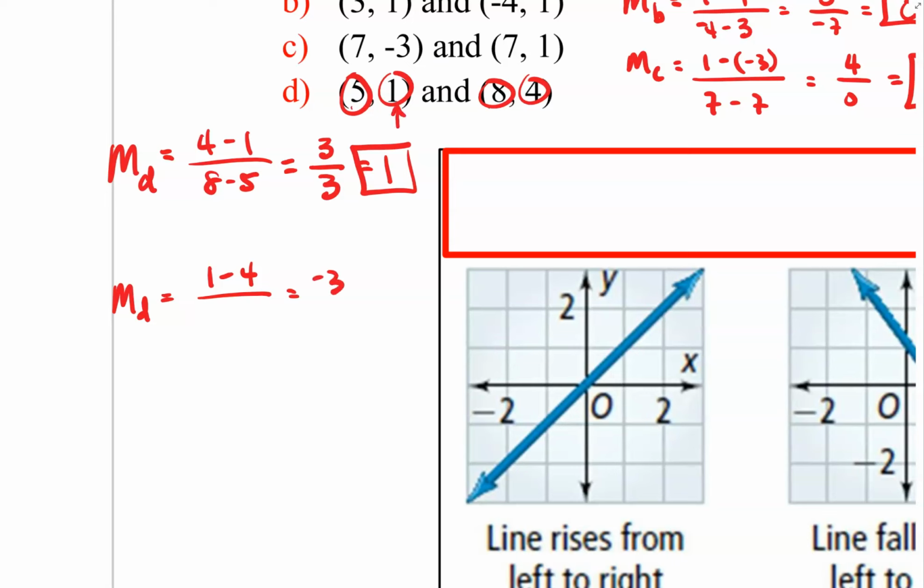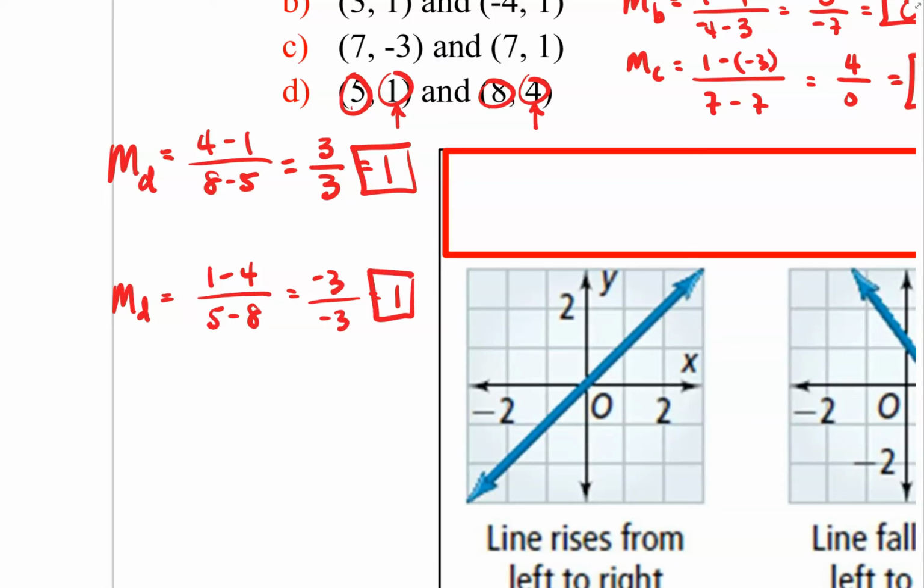So 1 was my first y value, and 4 was my second y value that I subtracted. But you'll notice that this y value of 1 corresponds to an x value of 5. So if I write 5 and subtract the 8 in that order, now I end up with a -3 again. And coincidentally, and actually nicely, we see that -3 divided by -3 does also produce a +1.